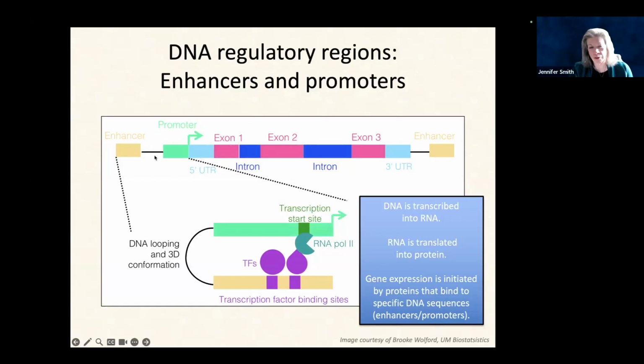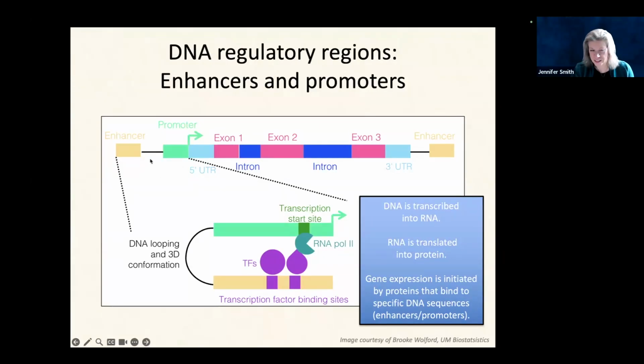And remember that the promoter region of the gene is really important because it is the place that regulates whether that gene is transcribed or not. So if those transcription factors can't sit down on the DNA, then they can't make the messenger RNA from that gene, right? And we won't get any protein from that gene. So the promoter is a really important regulatory region.